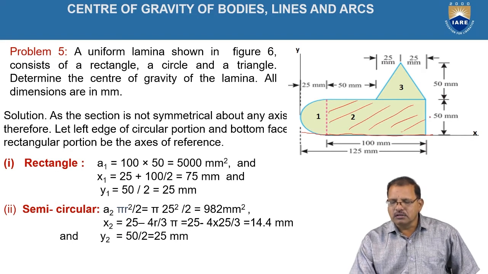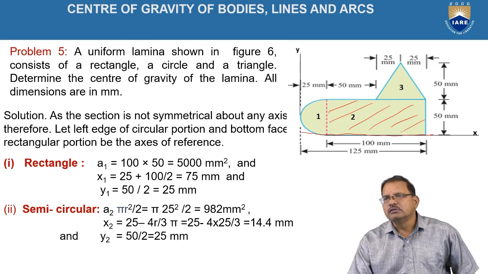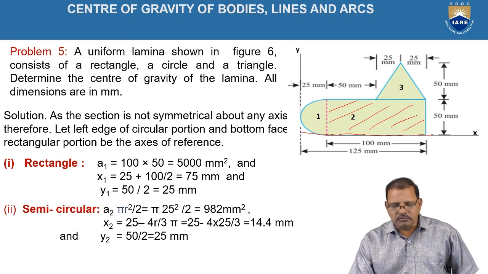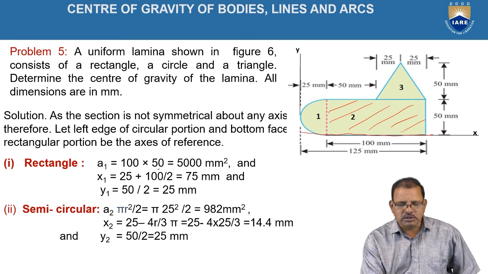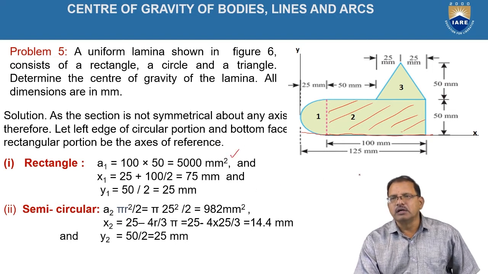There, the length is given as 100 mm and breadth 50 mm. Hence, the area of the cross section is 100 times 50, equal to 5000 mm square. Similarly, x1 is given as total 125.